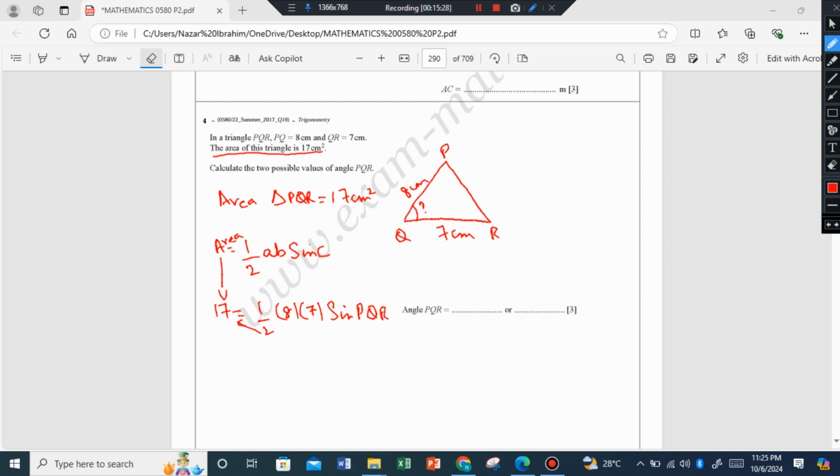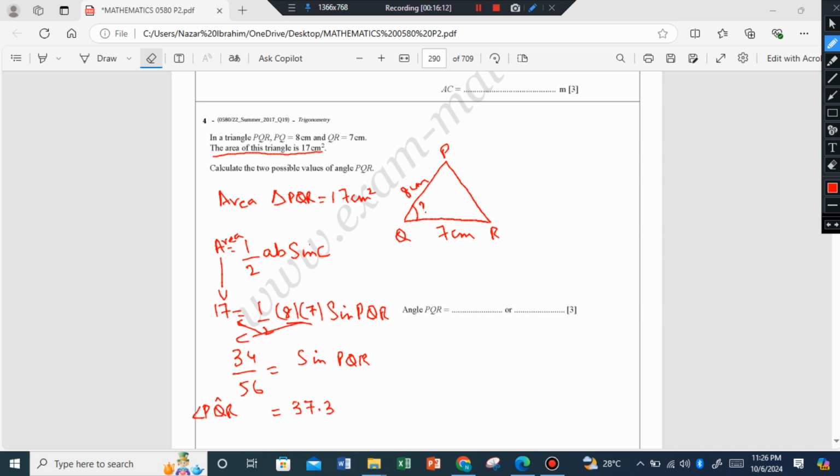So this 2 will go over there. 2 into 17 will give me 34. 8 into 7 is 56, so 56 will come over here in the denominator. So 34 upon 56 is sine PQR, right? Now solving this using the calculator, I am getting the angle as 37.38, right?